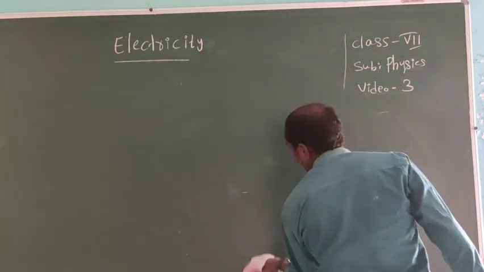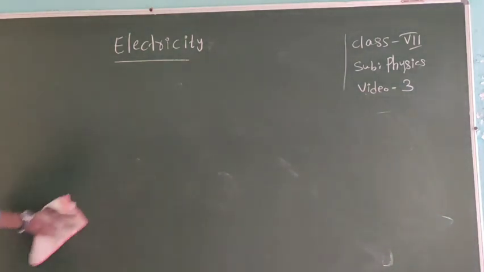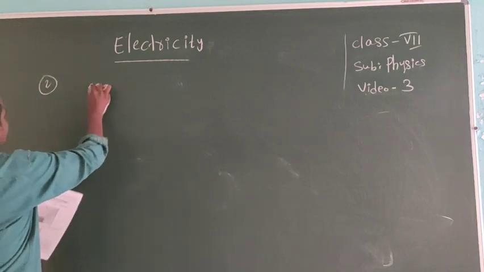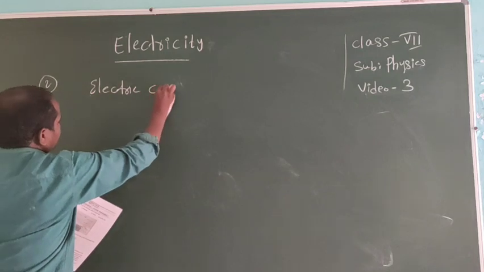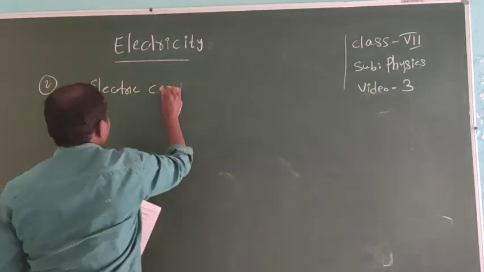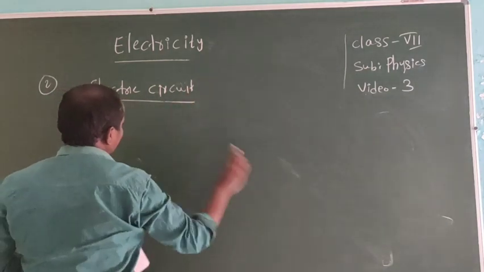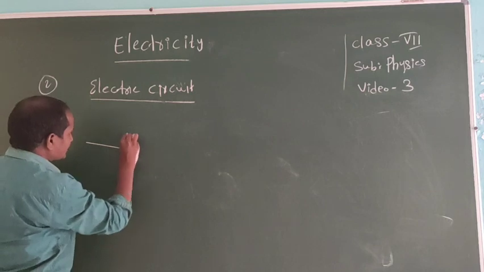If the switch is open, that is called an open electric circuit, and if the switch is closed, that is called a closed electric circuit. So there are two diagrams.